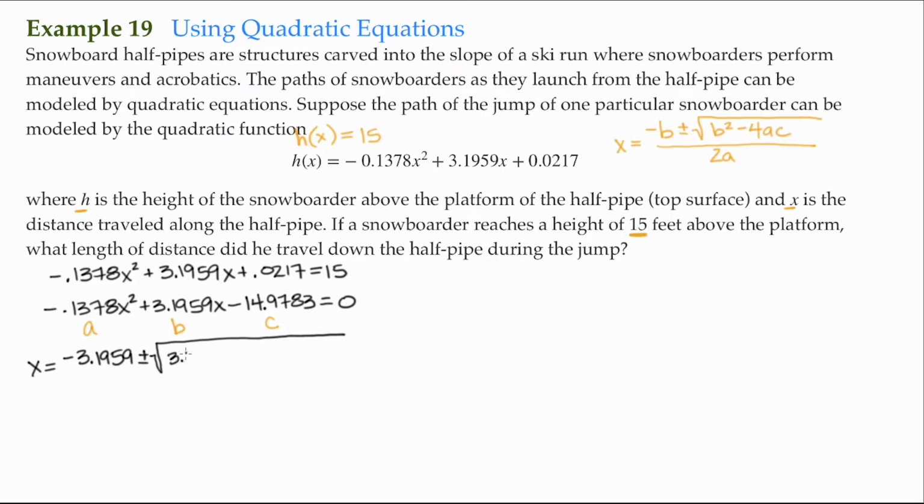So that'll be 3.1959 squared minus 4 times a, and a is negative 0.1378, times c, and c is negative 14.9783. And of course, this is all over 2a. And a again is negative 0.1378.